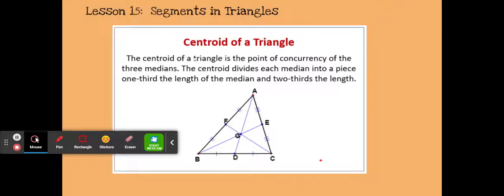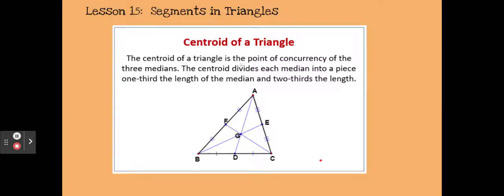All right, so lesson 15, we dealt with centroids and medians. Remember, a median goes from a vertex to the opposite midpoint. Vertex, opposite midpoint, vertex, opposite midpoint. We put all the medians together. They all intersect at one point called the centroid.